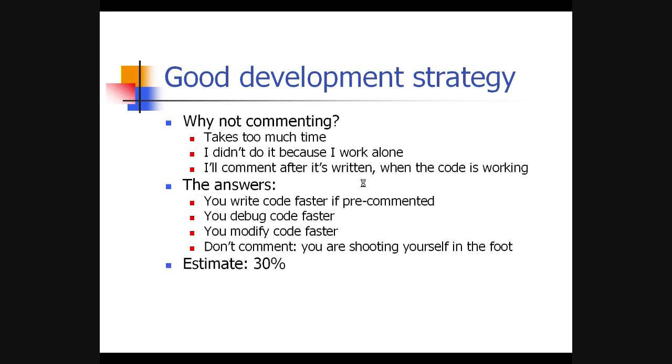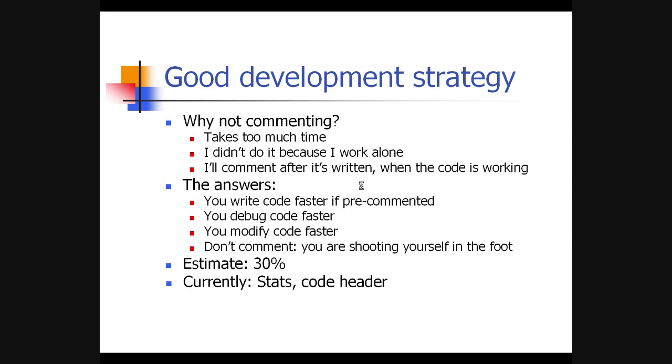I estimate that a code should contain at least, it's a minimum, 30% of the lines as comments. If you look at the statistic tool in WinDev, that's what you have currently in WinDev.